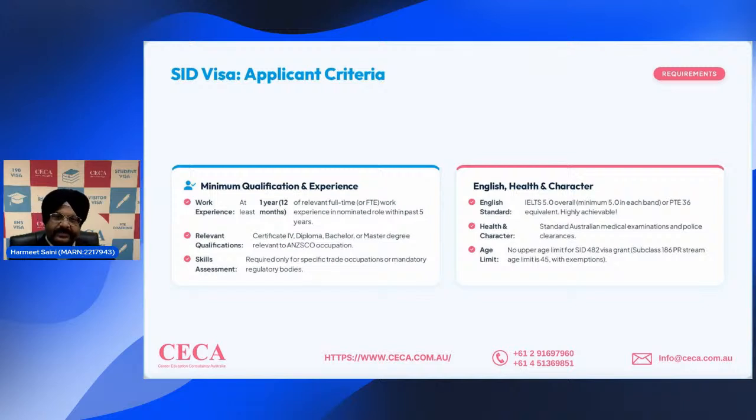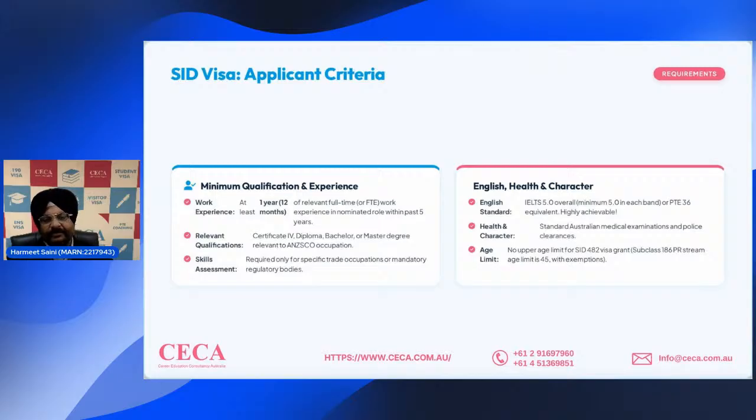English language skills: a quite low English score is required for these visa subclasses. The minimum standard is IELTS 5 each, or you can go towards PTE as well. PTE 36 equivalent or higher is required. The standard Australian health examination and police clearance are quite common for most of the visa subclasses.